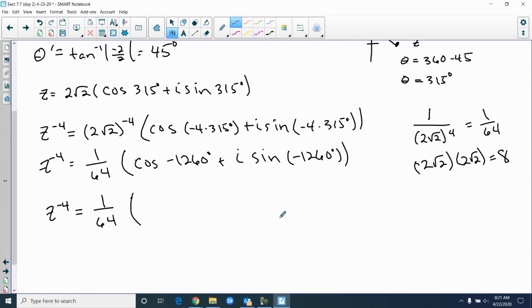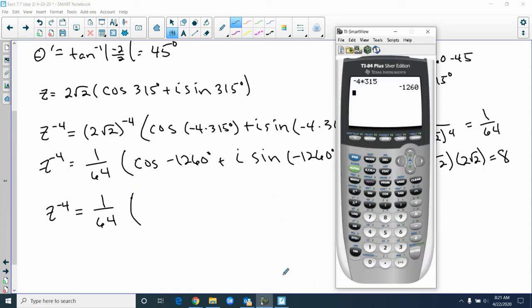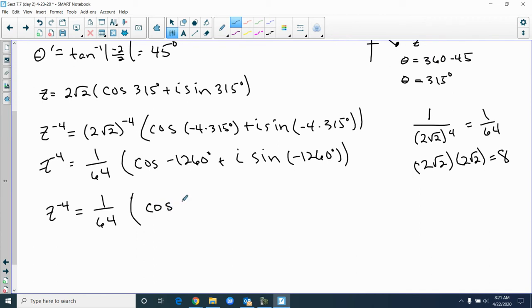What is cosine of negative 1260? Well, just add multiples of 360 till we get a positive angle. And it is coterminal with 180. So that is the same as cosine 180 degrees plus i sine of 180 degrees.